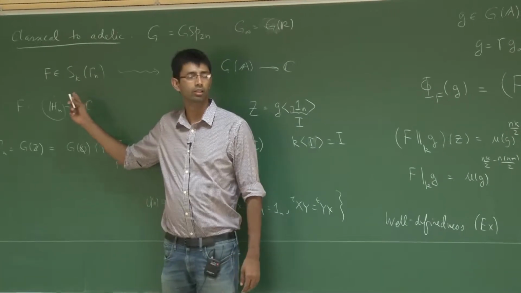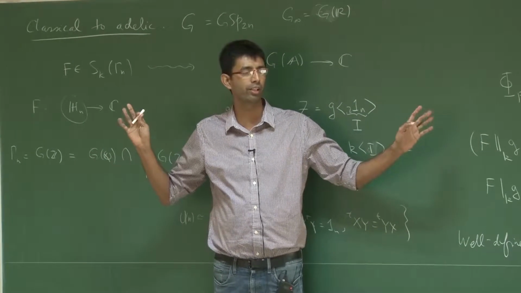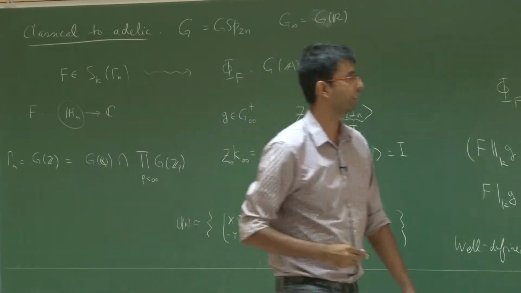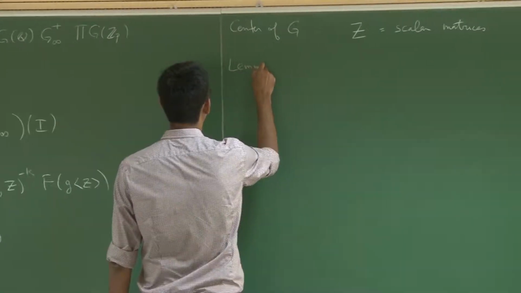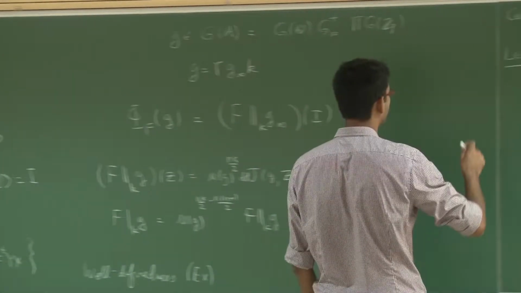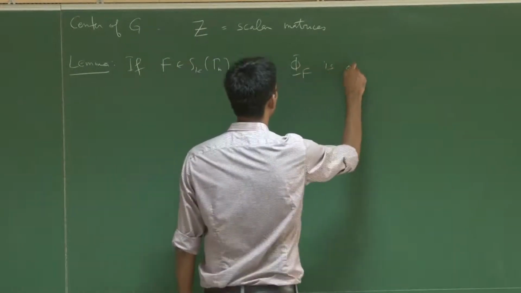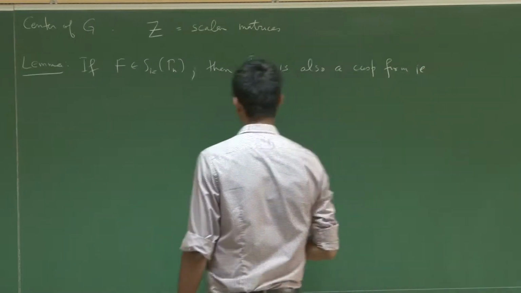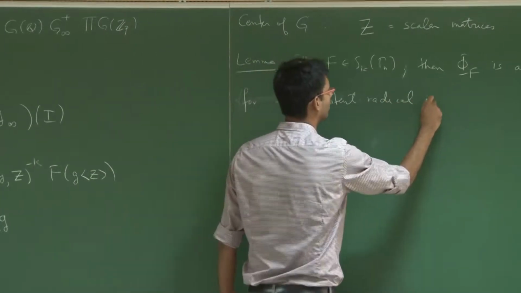Okay, so we know something more about our modular form here, namely that it is cuspidal. We haven't used the cuspidality and we haven't even seen the Fourier coefficients appear anywhere here. So how does the cuspidality work out? So this is going to be a lemma, and this says that if f is a cusp form, then phi f is also a cusp form, i.e. for the unipotent radical of every proper parabolic.